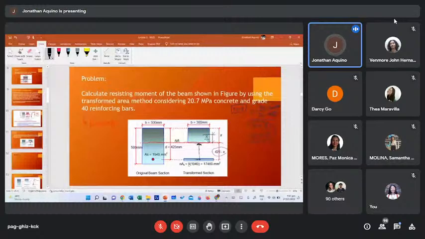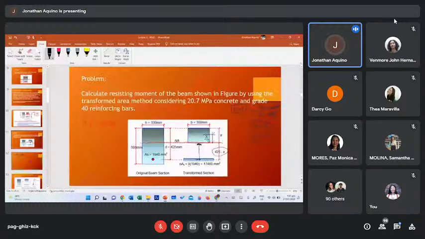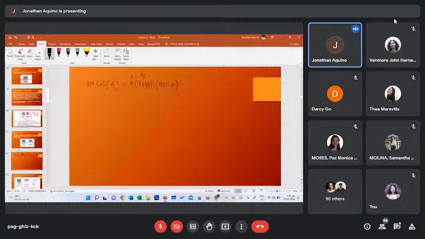So the area is 9 times 1,140. So this is nAs times the lever arm, and the lever arm is 425 minus x. So from this, we can solve for the value of x. What's the value of x? Can you please solve?